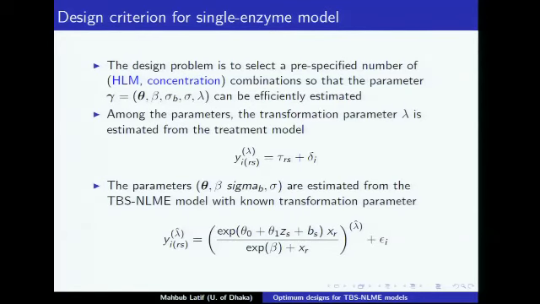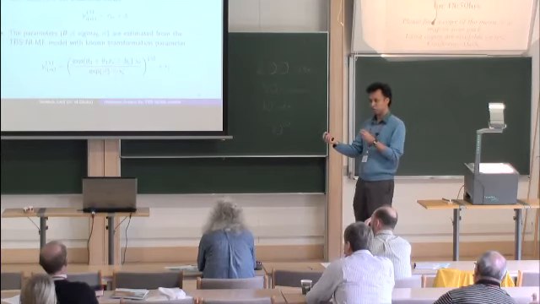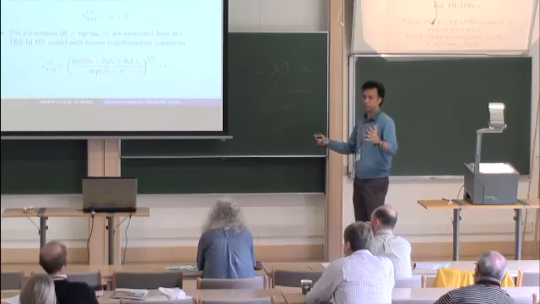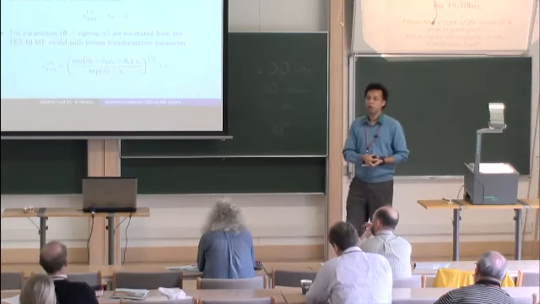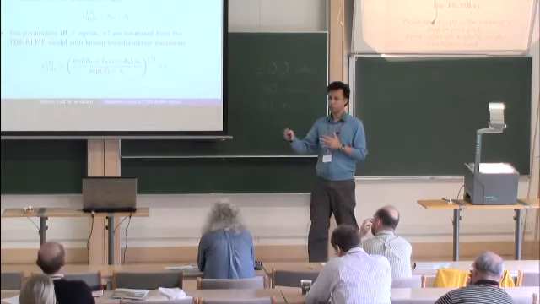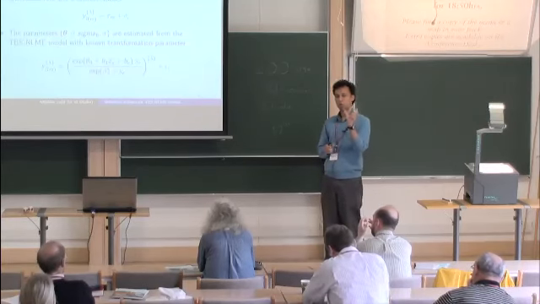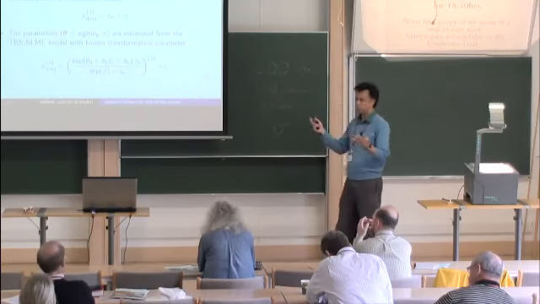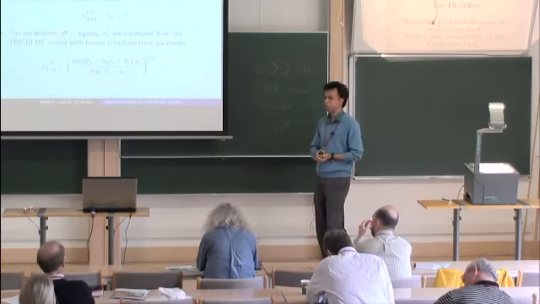We have a number of HLM, and we know the range of concentration. So we want to pick a combination of HLM and concentration a number of times. I know beforehand how many runs I want to do, so I know the number of experiments, and I want to find out which combination I should take so that my estimates are efficient.